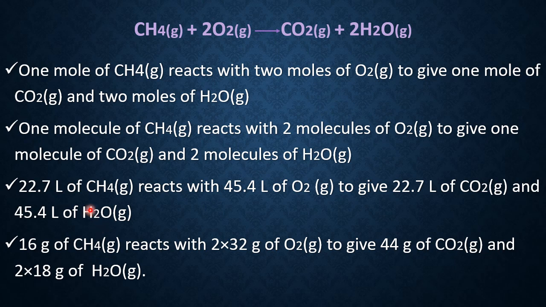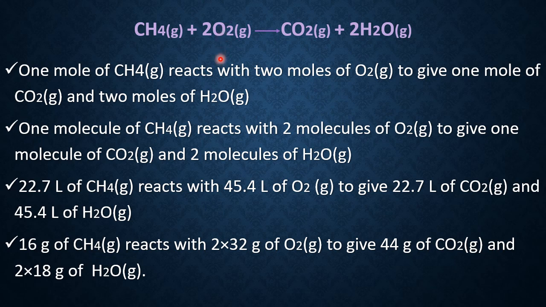Now, this is in terms of mass. CH4: C is 12, 4 hydrogens is 4 into 1, that is 4. So 12 plus 4, 16. 16 gram of methane reacts with oxygen: 1 O equals 16, and there are 4 O, so 16 into 4, 64. Or 1 O2 equals 32, the mass of one oxygen molecule, so 2 oxygen molecules weigh 32 into 2, equal to 64.